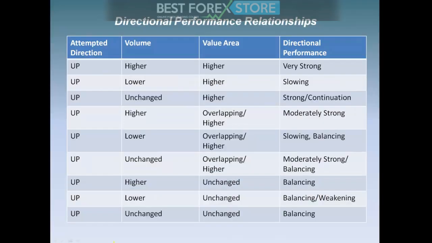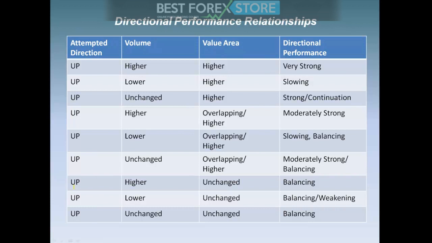Now, I have for you in this lesson 3 tables that I hope you will have the ability to print out and take a look at, because I won't explain every single one of them here, and really it's just a matter of looking them up, and they help you identify what is happening in the market.